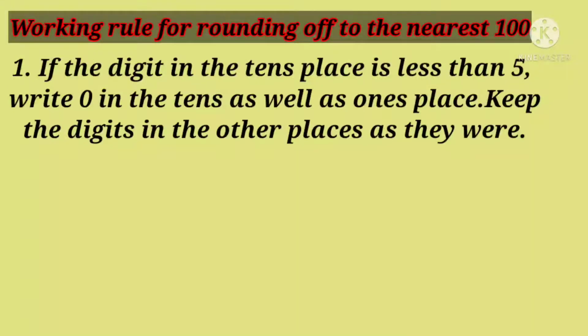Now let's understand the working rule for rounding off to the nearest 100. Again, to round off the number to the nearest 100, we follow 2 simple steps. First step, if the digit to the right of the 100 place, that is tens place, is less than 5, then we write 0 at both the places, that is tens as well as ones place, and keep the digits in the other places as they were.